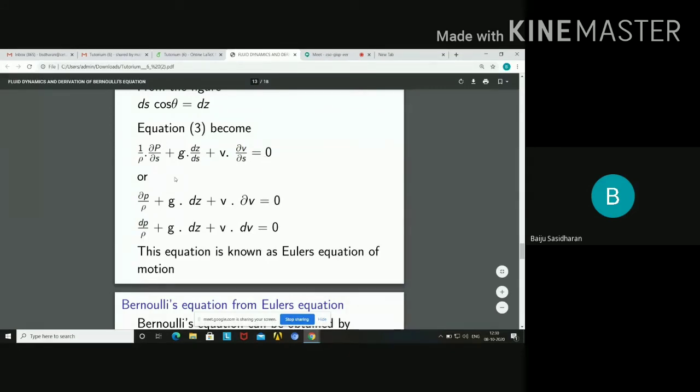In other words, the ∂S, ds terms are all the same, since they are very small.